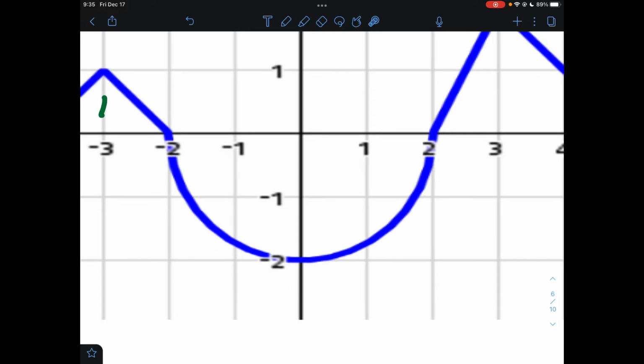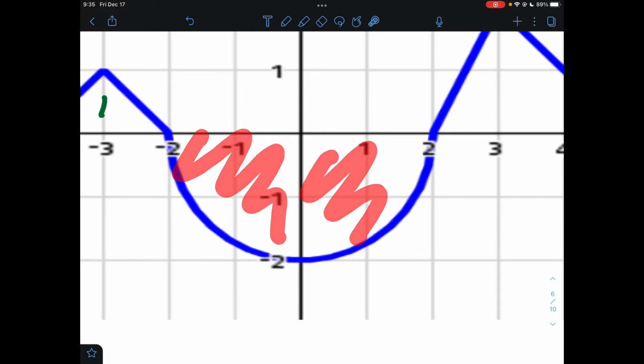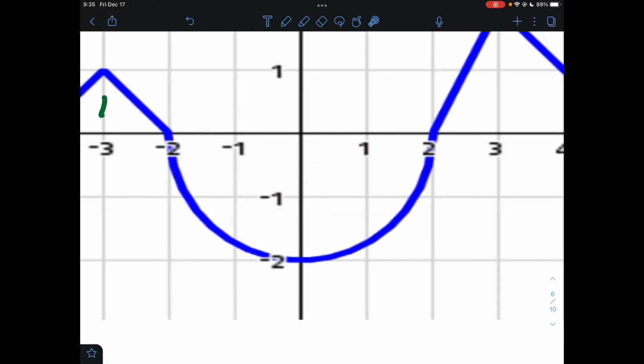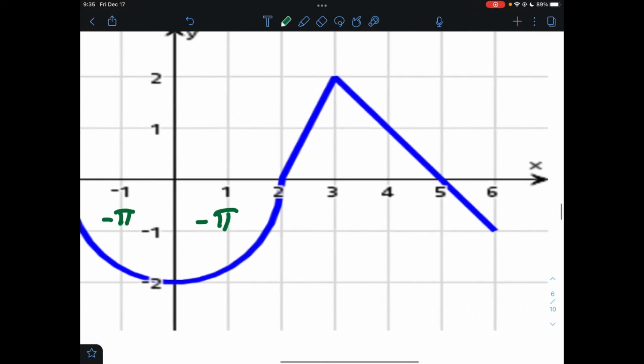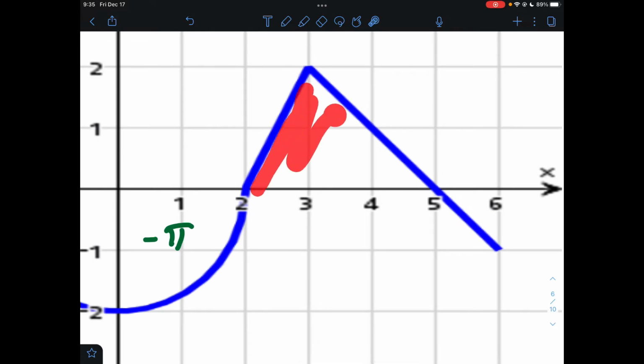We could do a semicircle or we could do 2 quarter circles. The semicircle would be pi times 2 squared over 2, so it'd be 2 pi. But since it's under, it's negative 2 pi, so this would be negative 1 pi, this would be negative 1 pi. Area of this triangle, 1/2 times 3 times 2, so 3. And area of this triangle, 1/2 times 1 times 1, so 1/2, but it's under the axis, so negative 1/2.